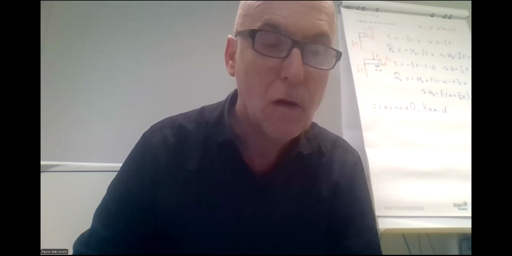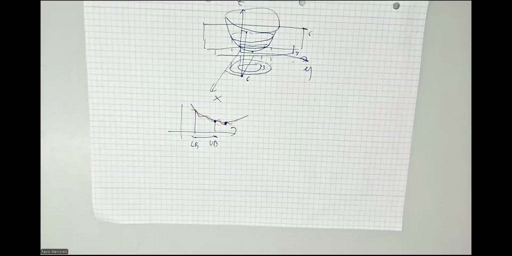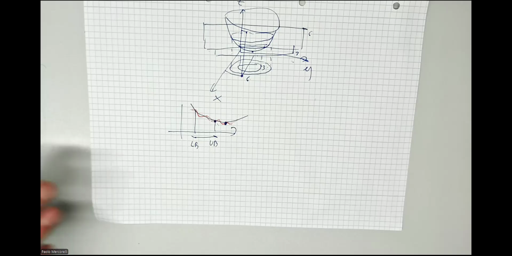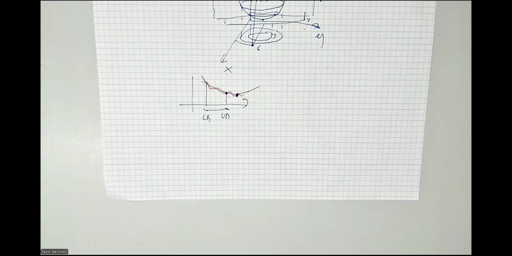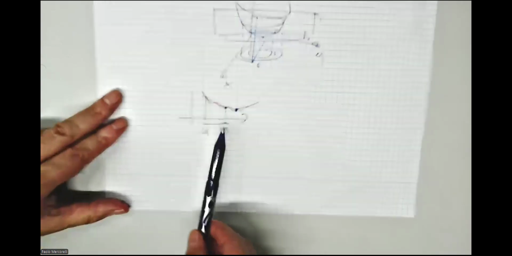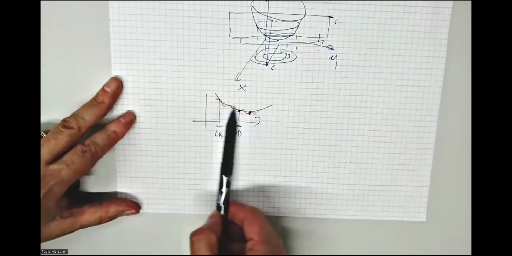Now, you remember this picture from last time? Let me show you a little bit better. Last time I sketched it, and now we will go a little bit more in depth in this lecture. Our case is this one.